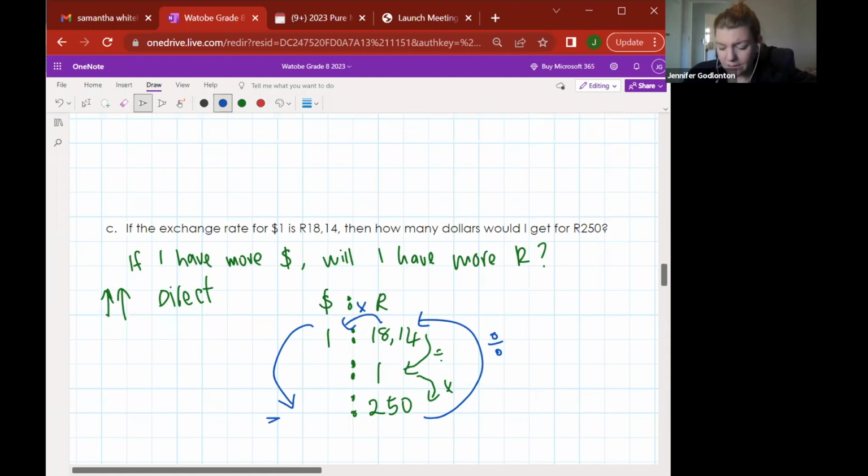How many dollars will I get for 250 Rand? Oh, Cameron, I wish that was the case, because that would mean that dollars are weaker than the Rand and we could go over to America and spend a lot of money. So we should get quite an ugly number.